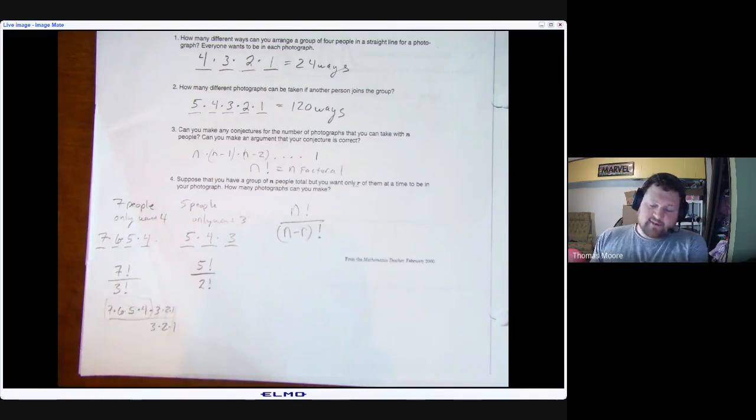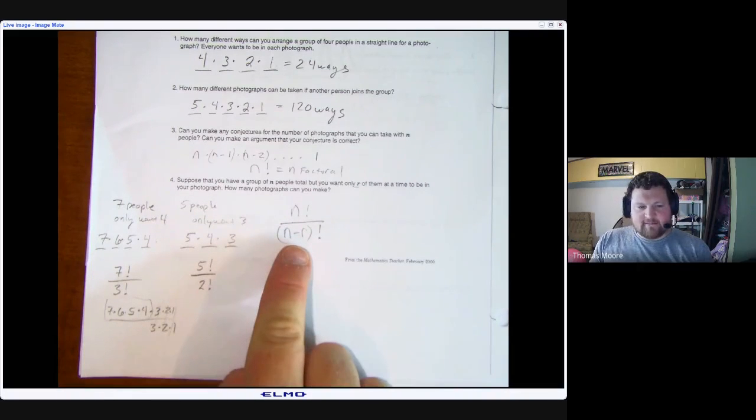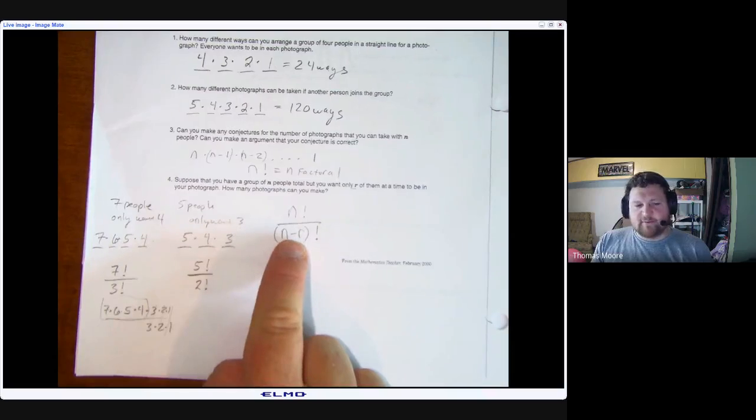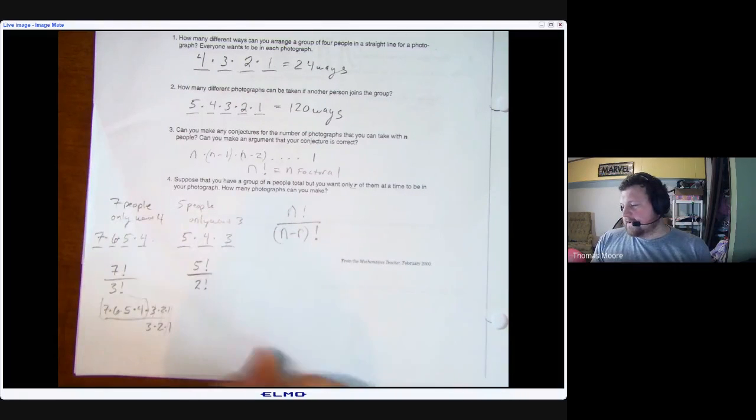Now, if you have a graphing calculator, you actually have the capabilities of doing this on your graphing calculator, but you don't necessarily have to have the graphing calculator. It just helps. This formula is built right in where you can put in the n and the r. But we can talk about that a little bit more later. So any questions about this?